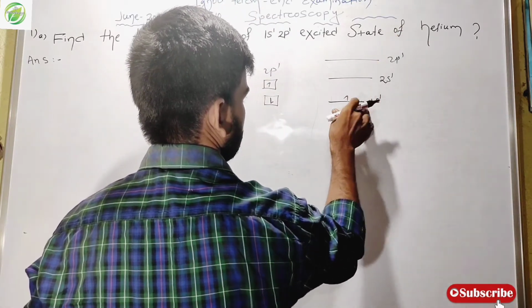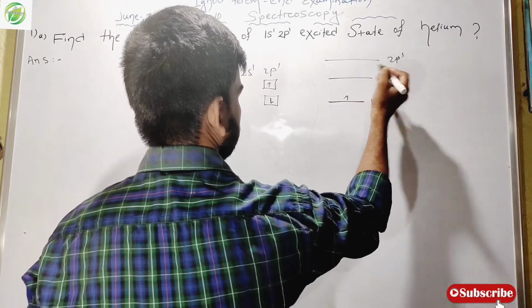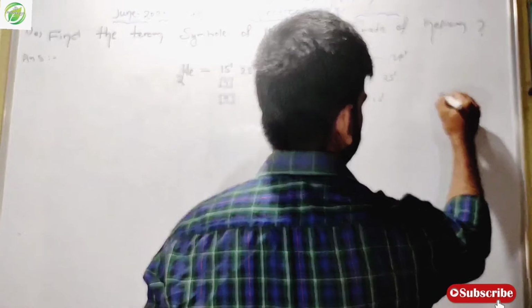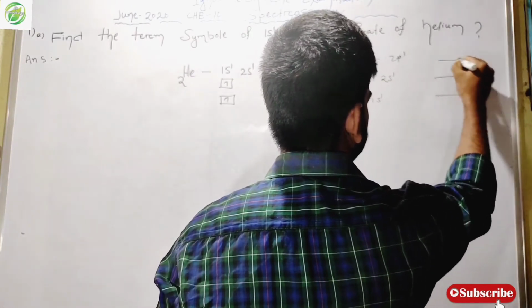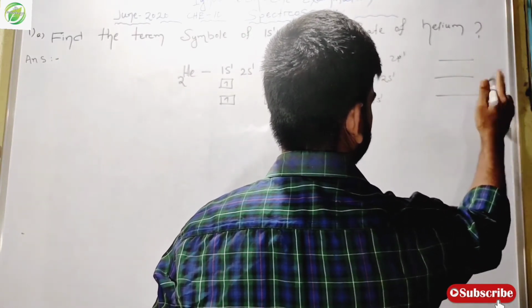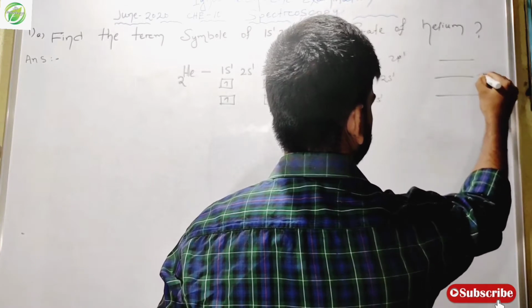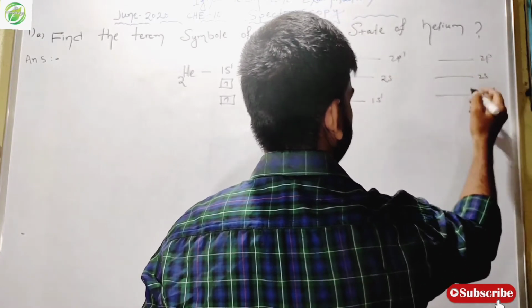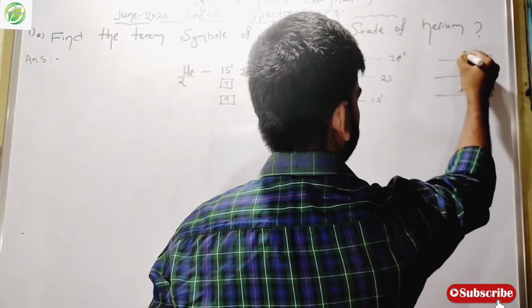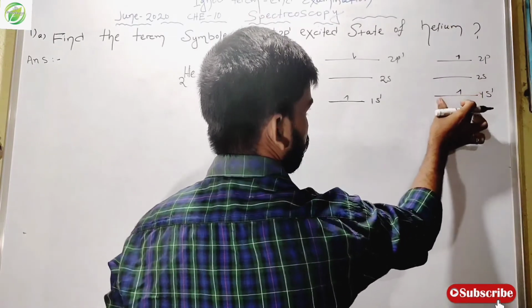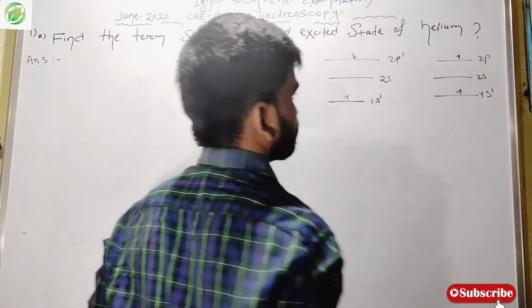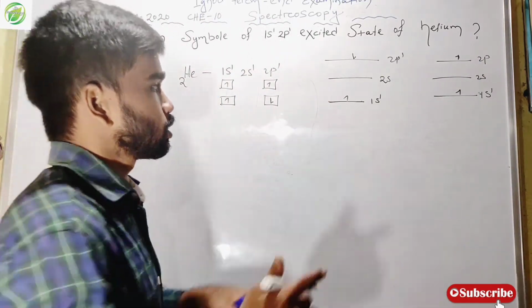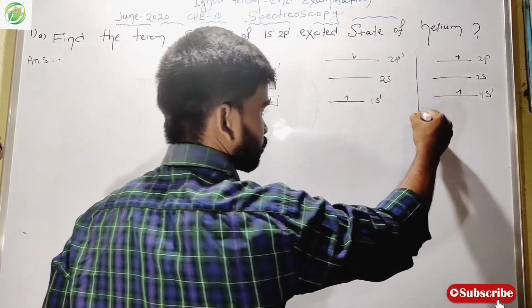This is the ground state. These two electrons are present with the same spins. Friends, give attention to this arrangement.